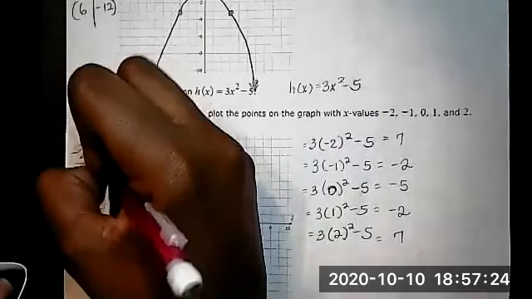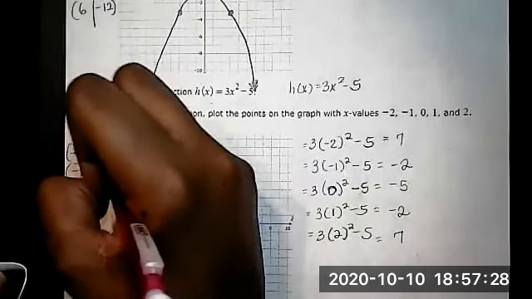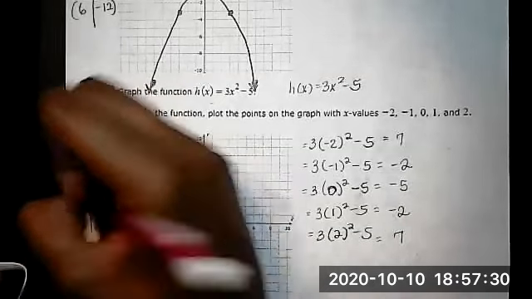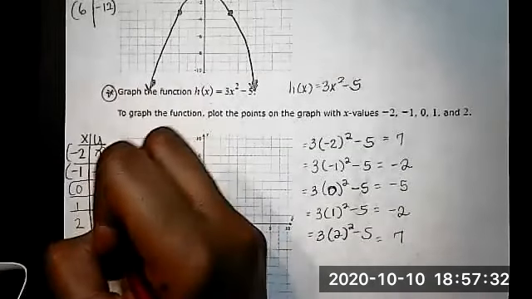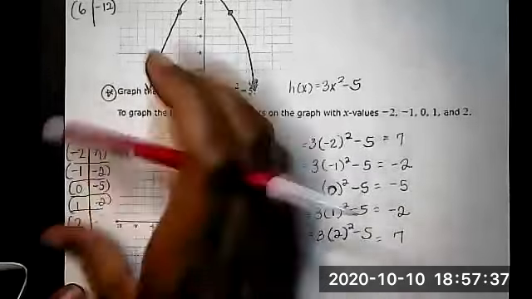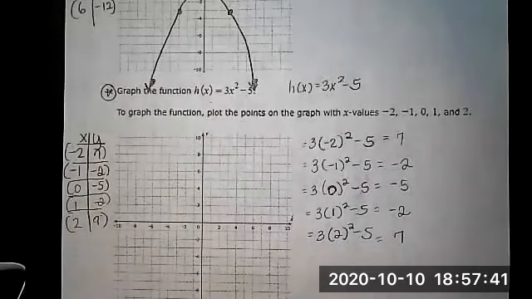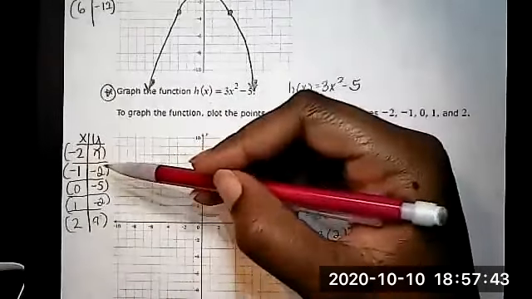We have (-2, 7), (-1, -2), (0, -5), (1, -2), and (2, 7). Okay, and we're going to graph those. So let's start with here, -2, 7.